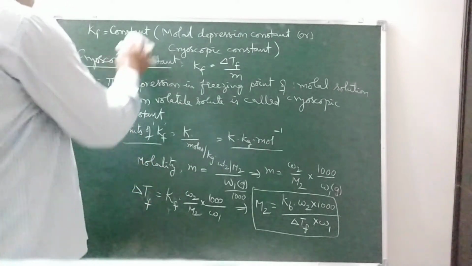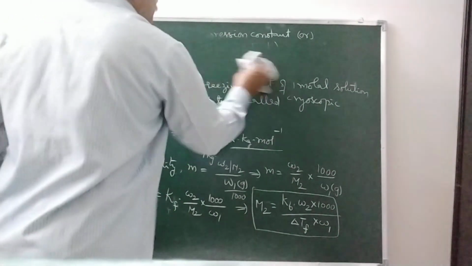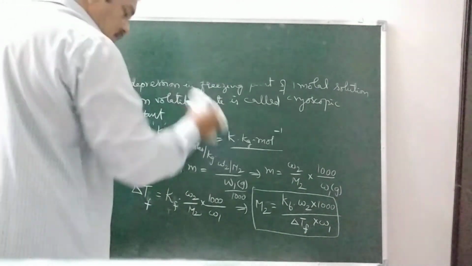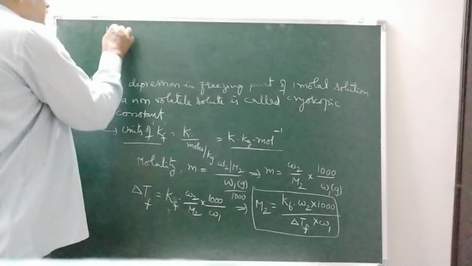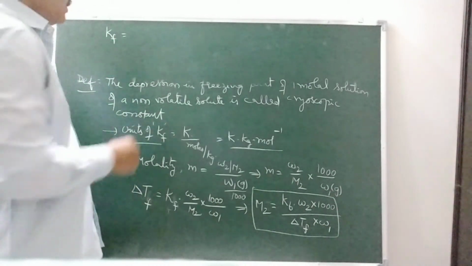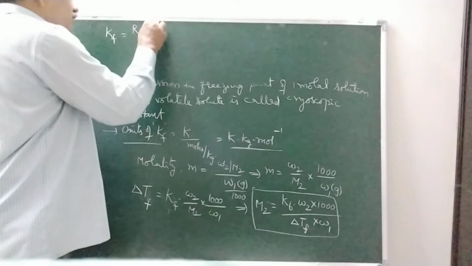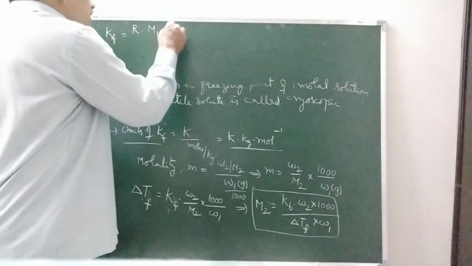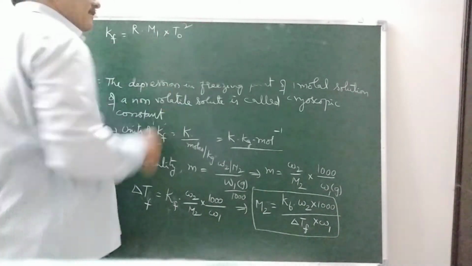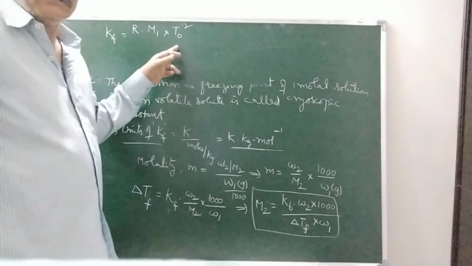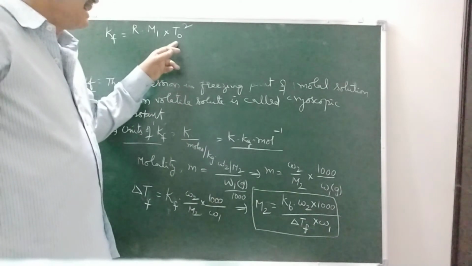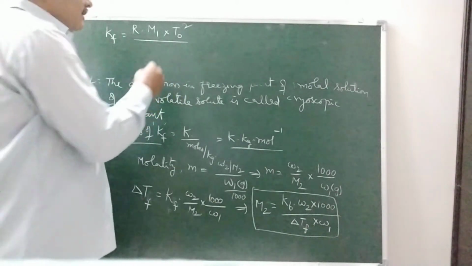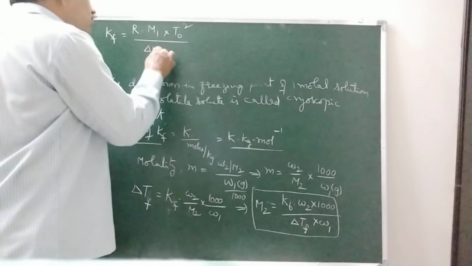Similarly, we can take the value of Kf in terms of the gas constant. Kf is equal to the universal gas constant R into M1, the molecular weight of the solvent, into T naught square, where T naught is the freezing point of the pure solvent, by delta H fusion into 1000.